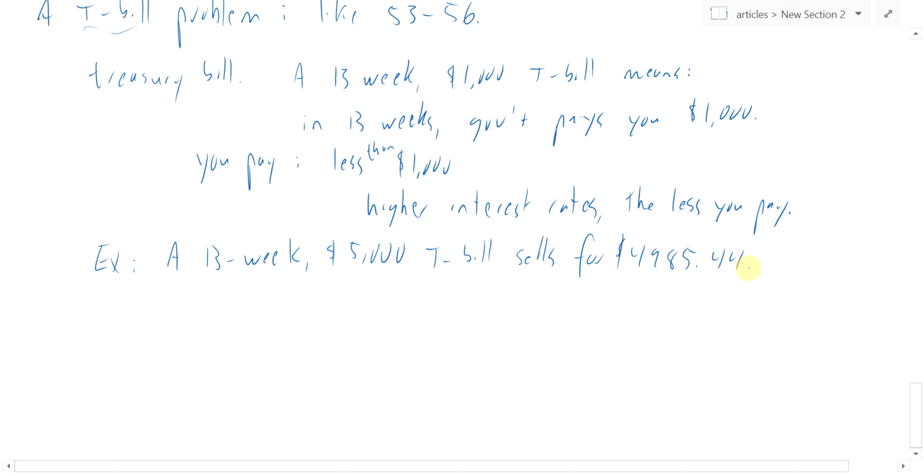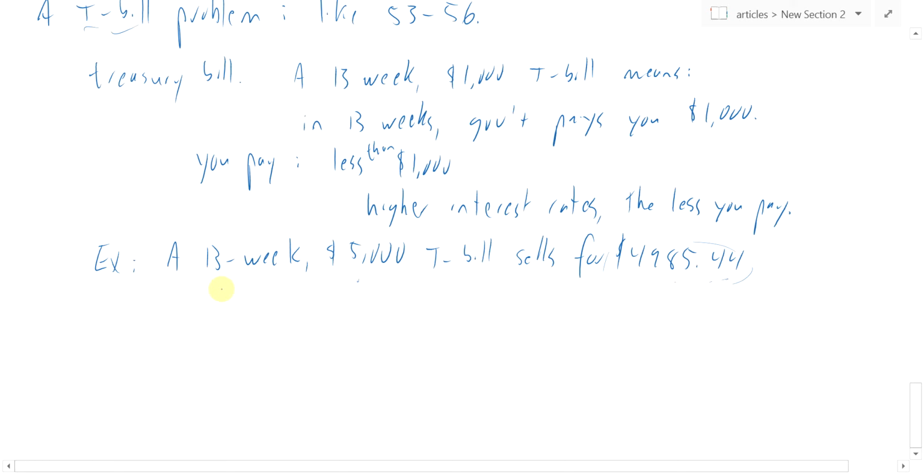Right? So, what is going on here? In 13 weeks, the government pays you $5,000. How much are you willing to pay for that now? Well, $4,985.44. You buy that, and that means that you've locked in about $15 worth of interest over these 13 weeks. Now, what kind of interest rate is that?